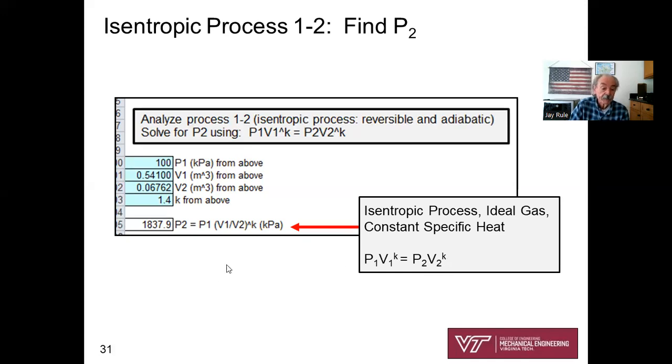So P2 is equal to P1 times V1 over V2 quantity to the K. It is plug and chug, calculator work, to get P2 is 1837.9 kPa. Look how easy that was compared to using table A22.